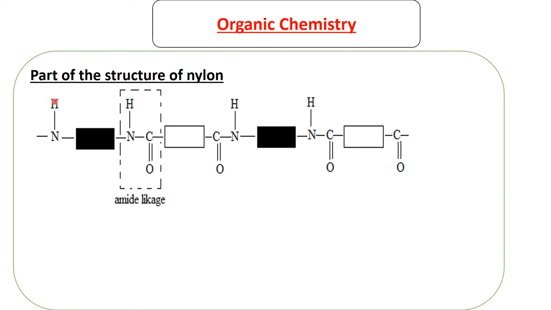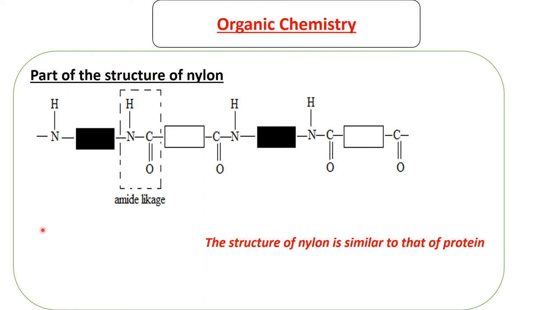As you can see, we have HN, then we have chains of atoms, then we have the amide linkage, then on this side we have carbon and oxygen. When we reach here, we've got another amide linkage, just like that. So in short, this keeps on repeating till the entire nylon is formed.